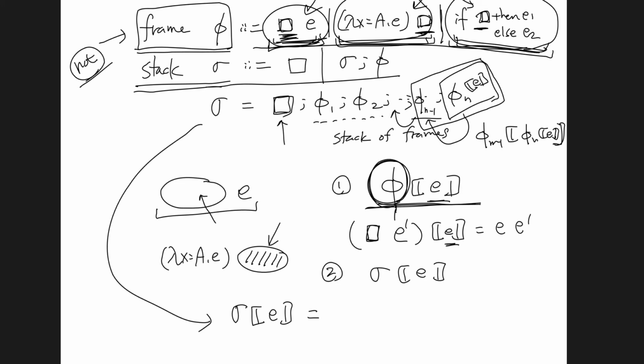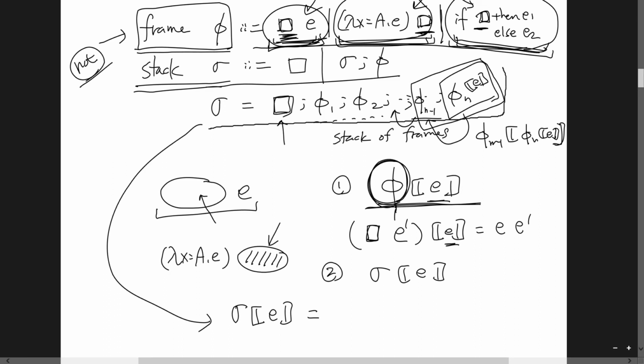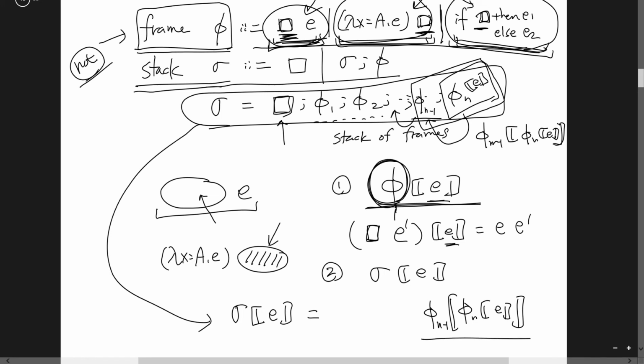Formally, you can write it as: if sigma is equal to this stack of frames, then it's going to be phi n with expression E, and this one is used to fill the hole in phi n minus 1, and this one is used to fill the next frame phi n minus 2, and so on, all the way down to phi 1.